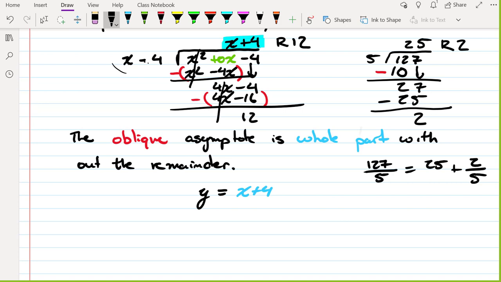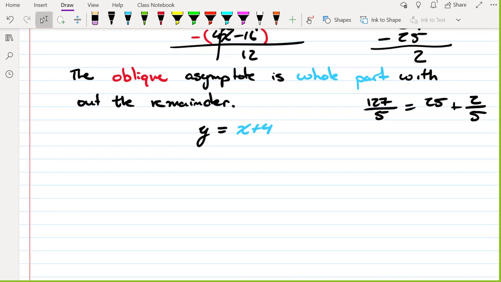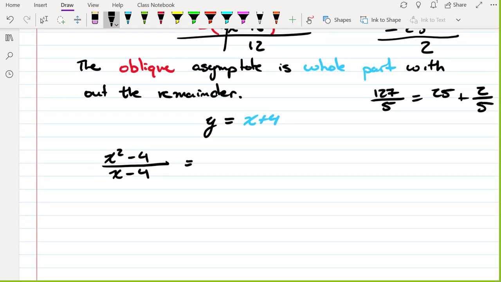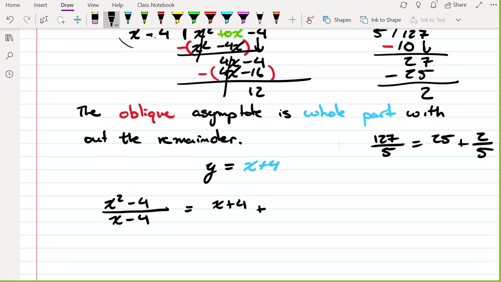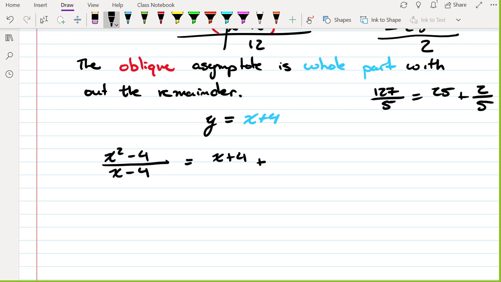Well, let's write out what our polynomial long division said. So we had x squared minus 4 all over x minus 4, and that was equal to our whole part, which is x plus 4, plus our remainder, which is 12, over our divisor, which is x minus 4.